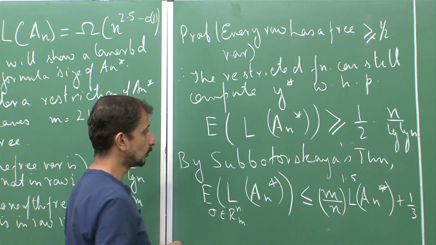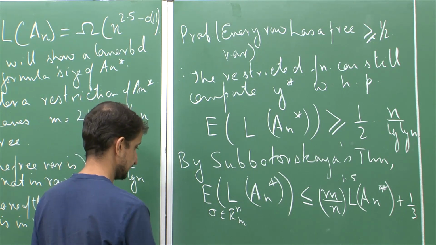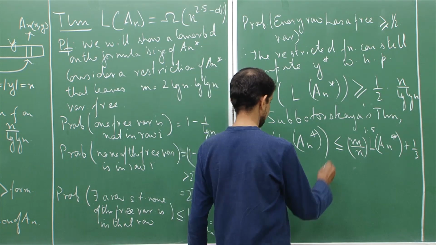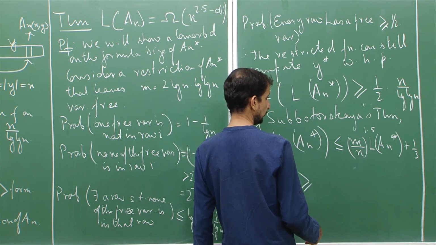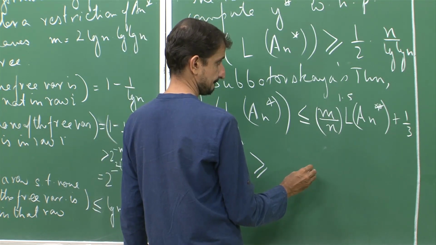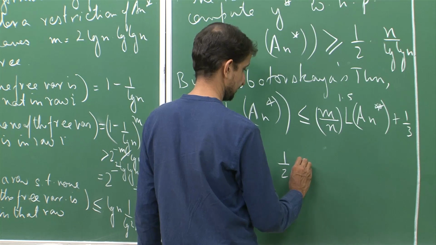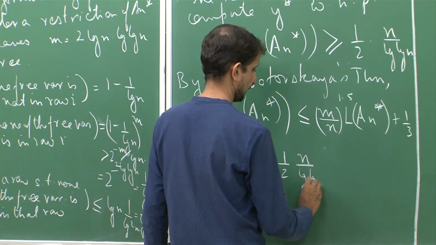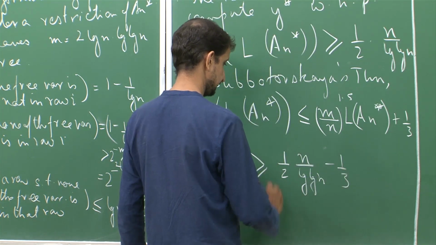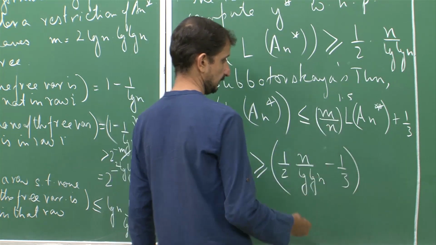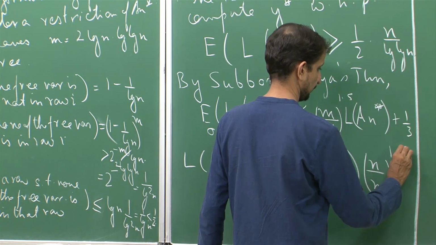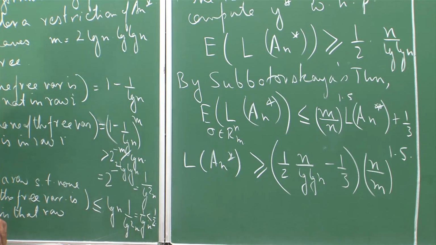Now we combine both these equations, and what we get is that L of A n star is greater than or equal to half n by log n minus 1/3 times n by m to the power 1.5.